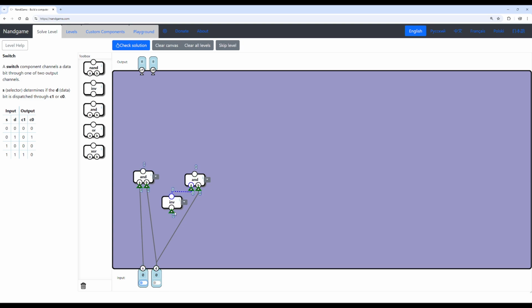Now, you might ask, where did the OR gate go? Well, take notice. If you have two wires going into this input here, it already acts as an OR gate because the possible components are either 0 or 1. And with the OR gate's truth table, if they're both 1, then they're 1. If they're both 0, then they're 0.